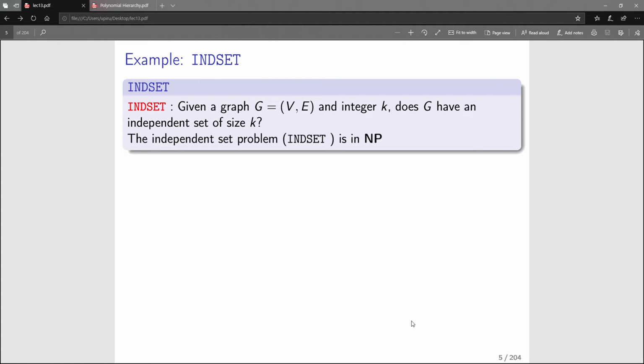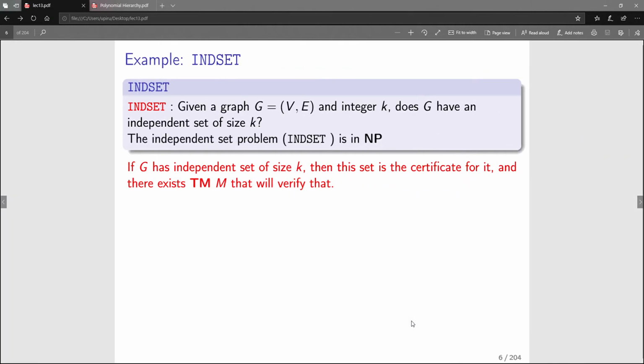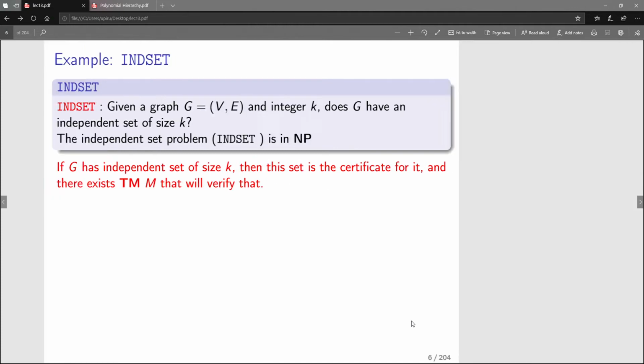The definition of independent set means that your vertex set S shouldn't have an edge between any pair of vertices of that set. So this problem is in NP. If G has an independent set of size K, this is the certificate for it, and there is a Turing machine M that will verify it.